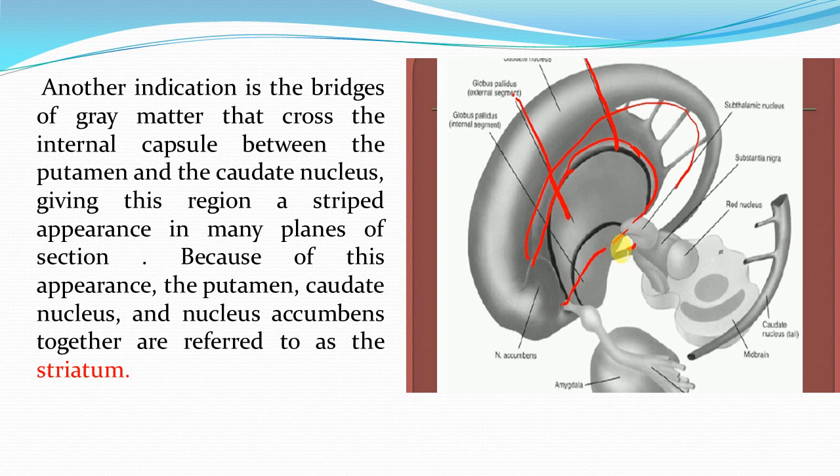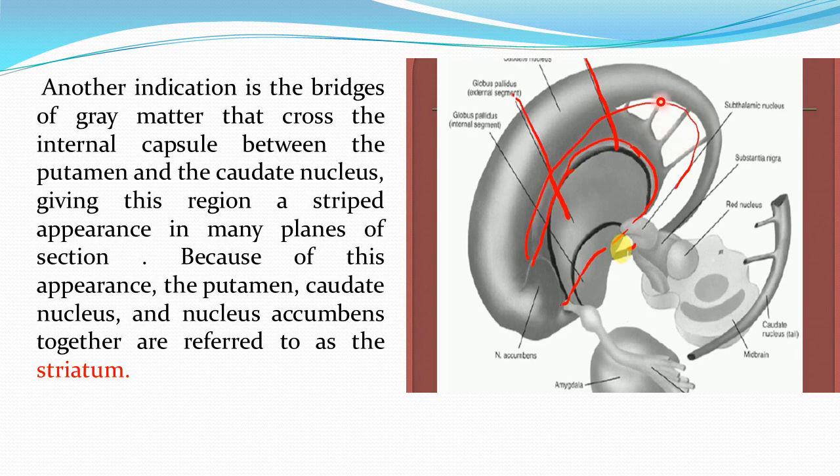Another indication is the bridging of grey matter that crosses the internal capsule between the putamen and caudate nucleus. See, this is the bridging of the grey matter between putamen and caudate nucleus. It gives the appearance of common origin. From here, the internal capsule passes, giving this region a striped appearance in many planes of section.